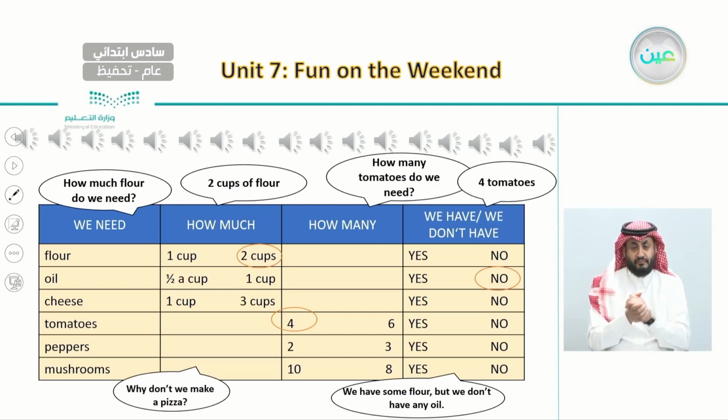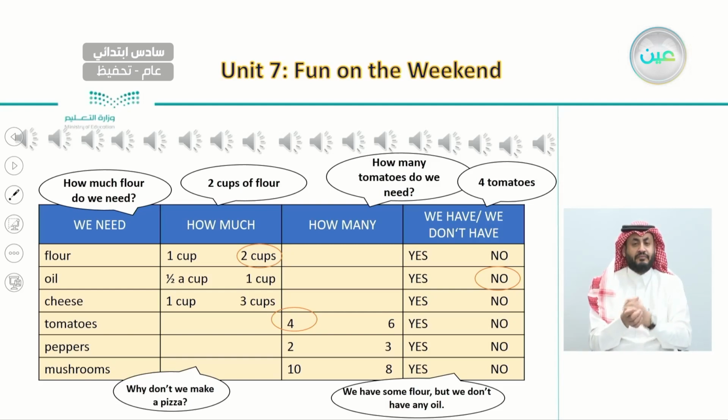Are you hungry? Yes, I am. Is there anything to eat? Why don't we make a pizza? That's a great idea. What do we need? Let me see. We need flour, oil, cheese, tomatoes, peppers and mushrooms. How much flour do we need? We need 2 cups of flour. And oil? How much oil do we need?